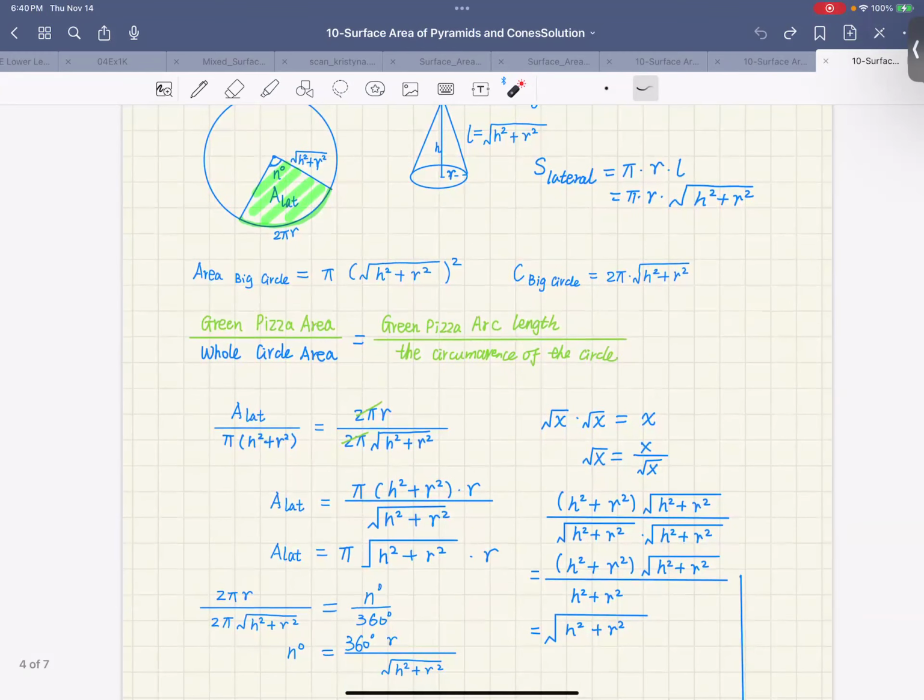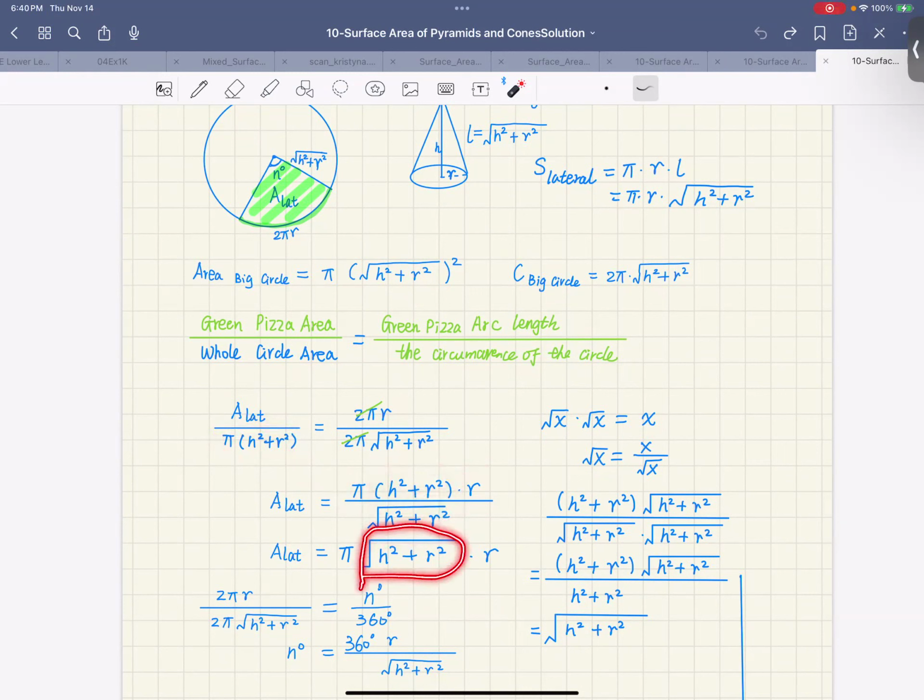See what you get? You have this over that equals this. The 2 pi canceled. And lateral surface will be this whole thing put on the right, times r over this. So that guy divided by that guy is this guy.